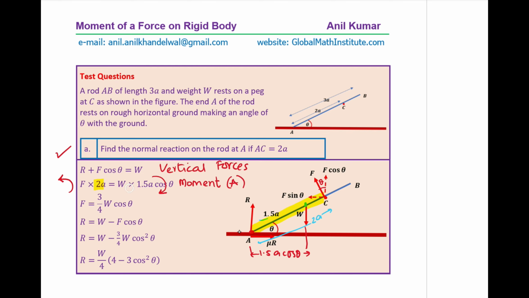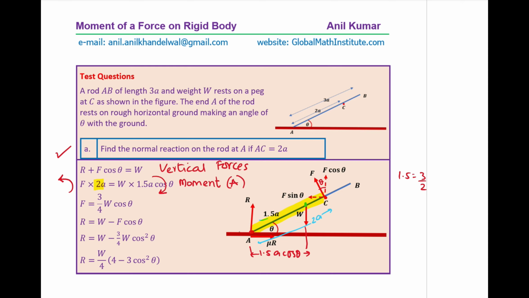So equate these two, we get actually two equations. So from here, isolate F. So dividing by 2A, A and A cancel. We get 3 over 4 W cos theta, because 1.5 is 3 over 2, right? And so we get F as 3 by 4 W cos theta. Now substituting this value of F in the equation, we can write what R is, right?